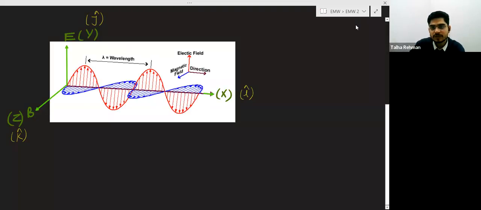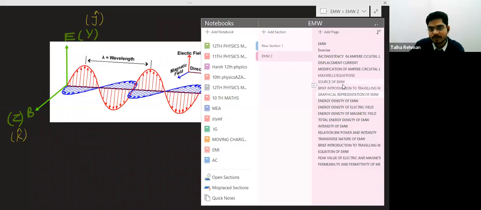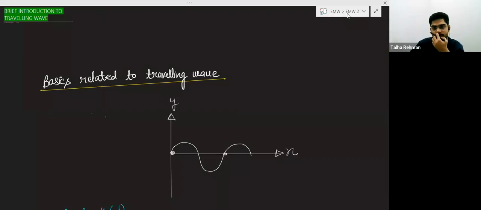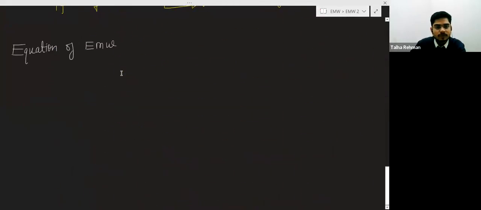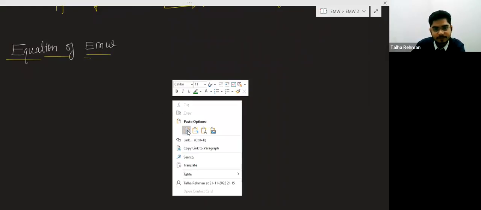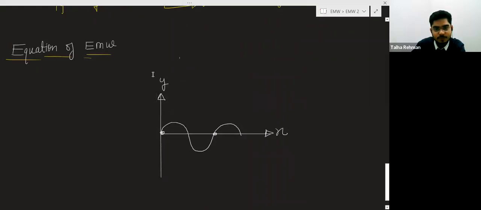So first we will write the equation of the electromagnetic wave for the oscillating electric field. I have told you the electric field will be along the y direction.